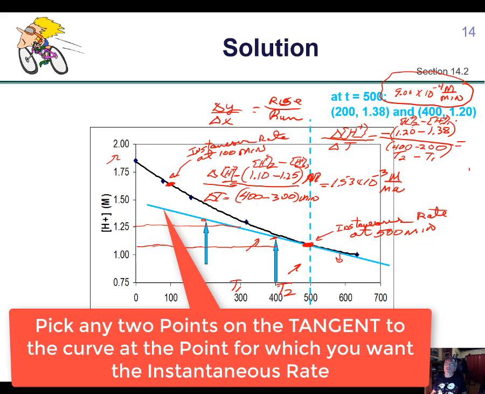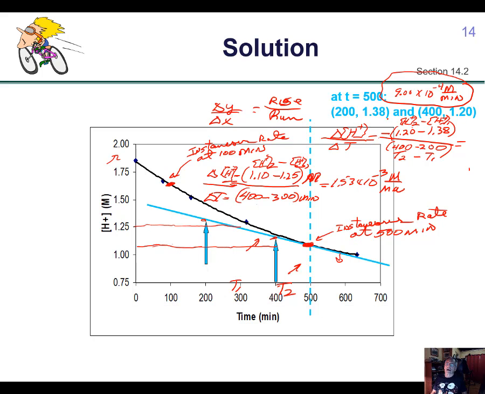So I went ahead and I used the numbers that I had originally determined on this particular reaction for these 2 points on the tangent to the curve, which is here we've got the concentration at time 1, and this is the concentration at time 2.